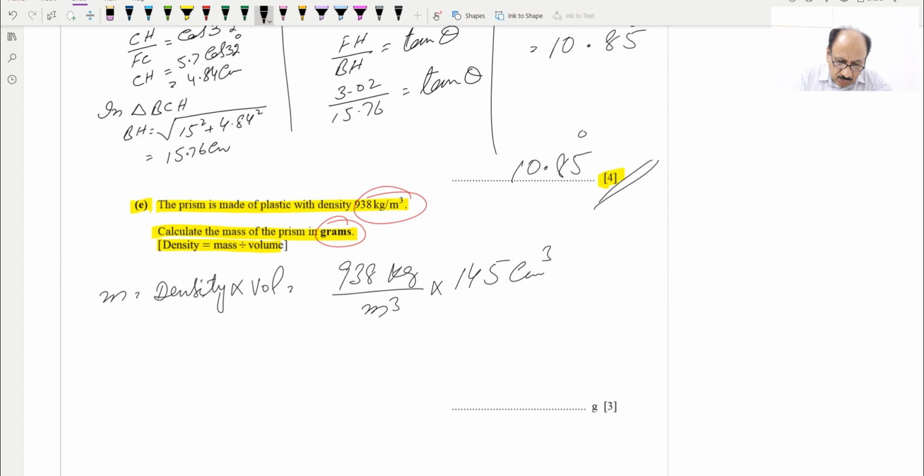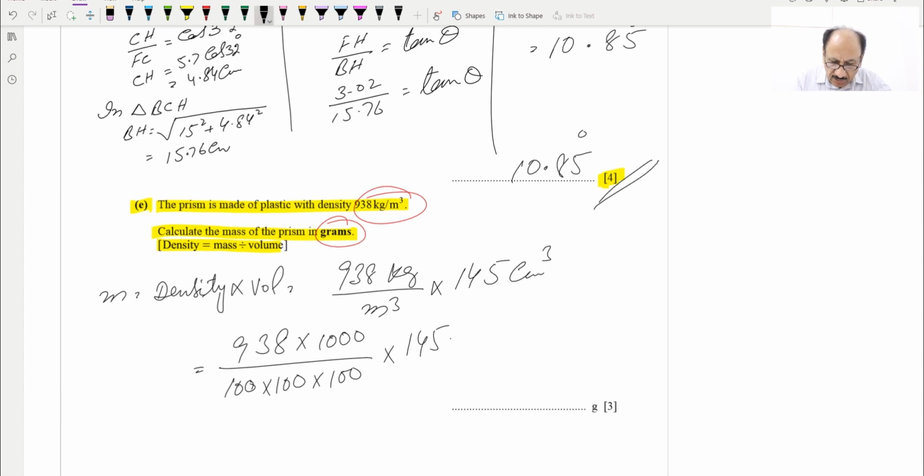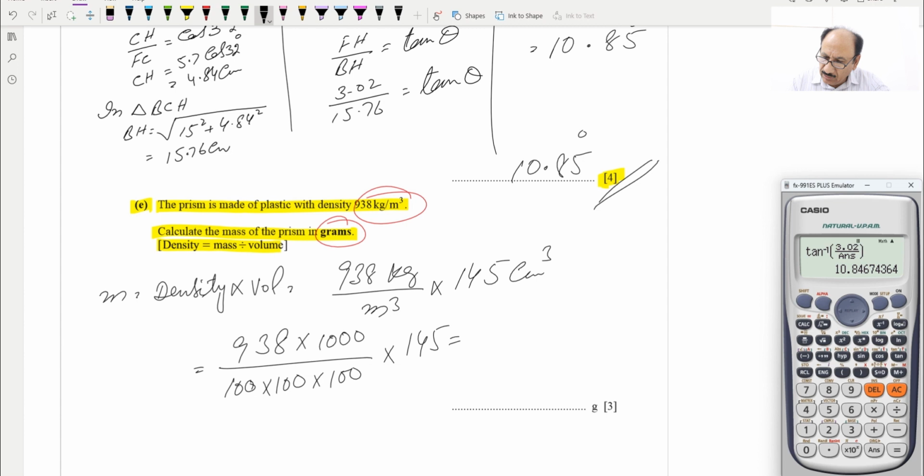So now we need to convert these units to the proper ones, and we can write 938, and kilograms to grams will be multiplied by 1000, and meter to centimeter, because this is meter cubed, we will be writing 100 three times, once for each meter, and then we will be multiplying this with 145, and we can calculate.